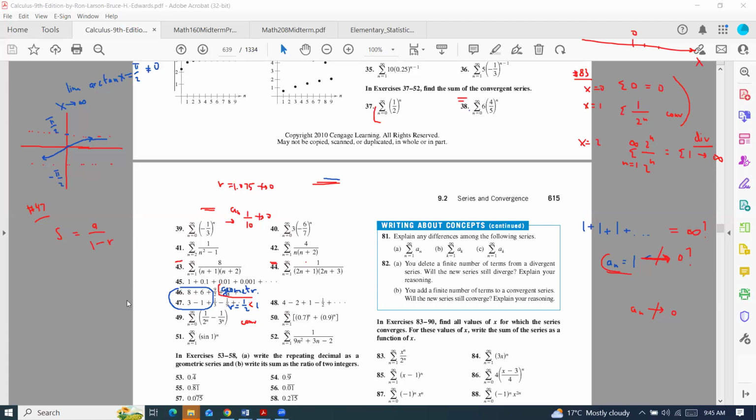So for exercise 47, I can identify my first term, which is 3, clearly. That's where it starts. And then it looks like the ratio is going to be 1/3, right? In fact, it's going to be negative 1/3, because signs alternate, so the ratio is going to be negative.